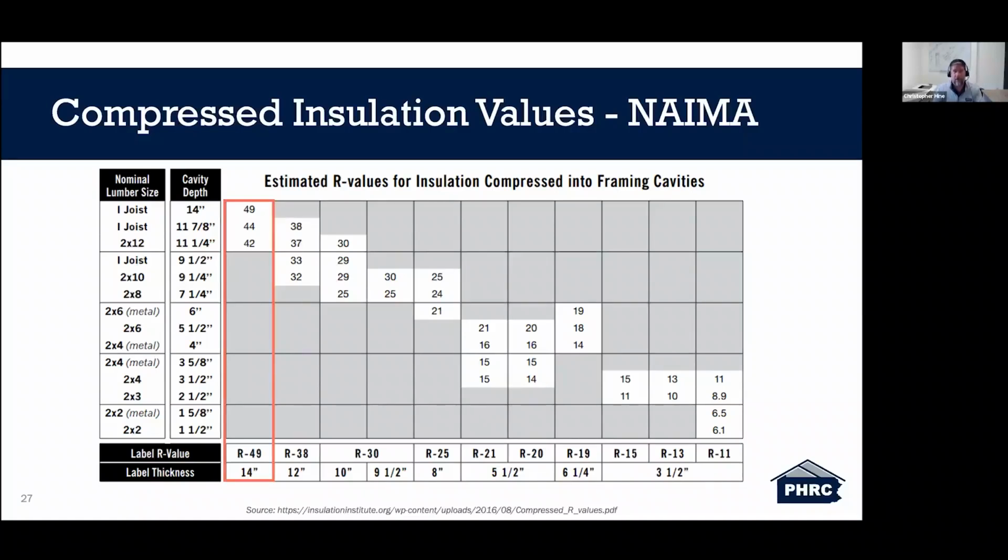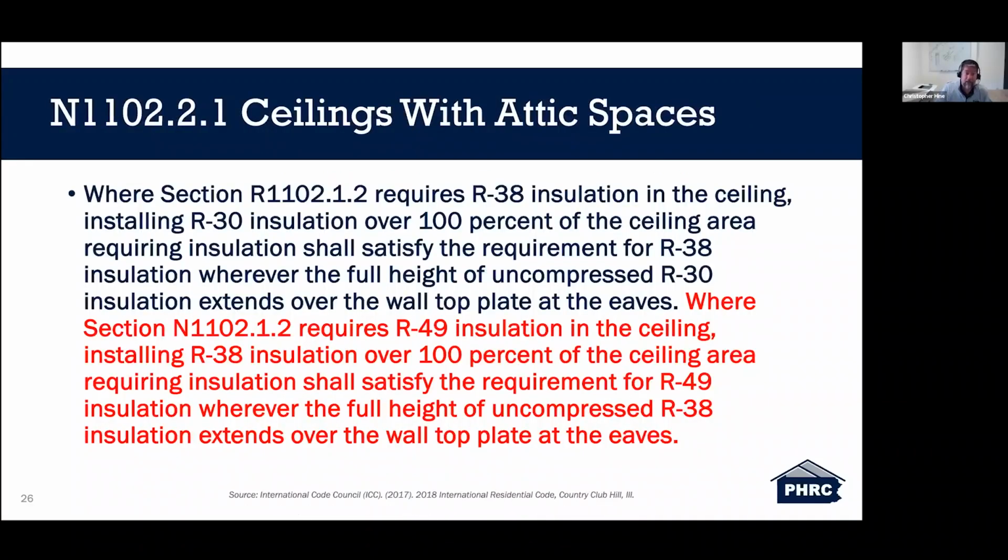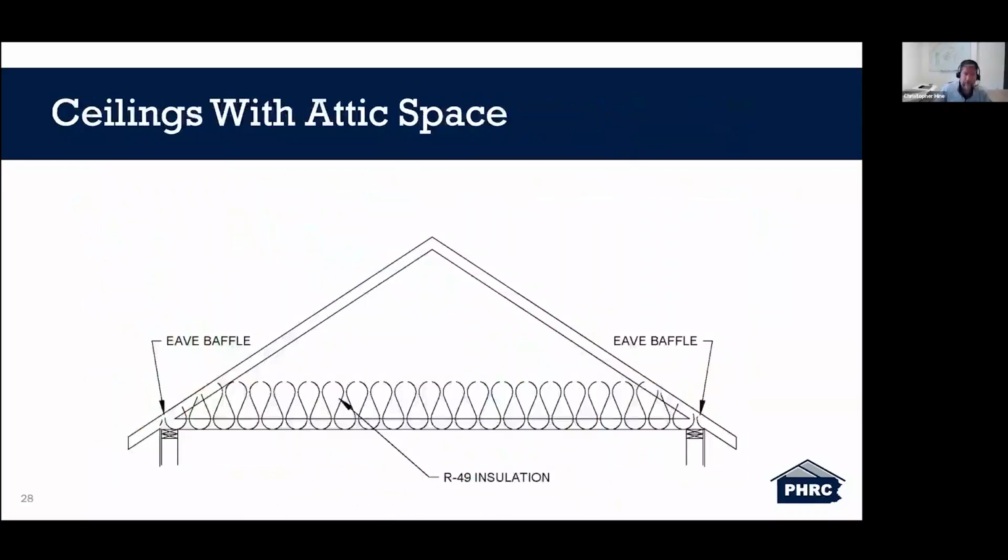So if we're to look back at some of those pictures that I showed previously, where we have that insulation being compressed out at the eaves, we're not getting full depth R38 to the exterior. That's why you have to have R49. This provision here is allowing you to reduce your R49 insulation to R38, provided you can get R38 all over the entire floor, all the way to the exterior side of the exterior wall.